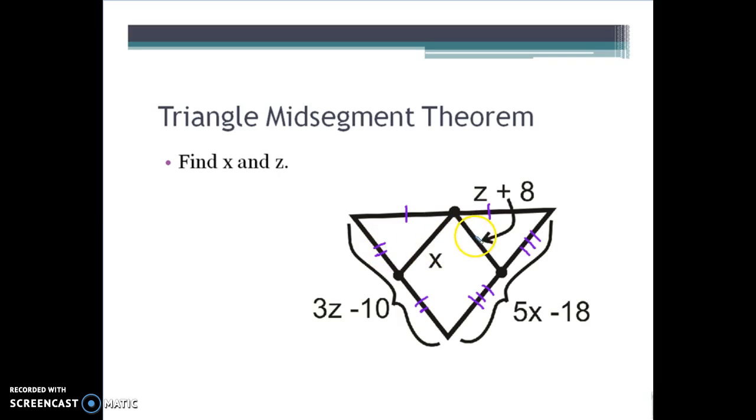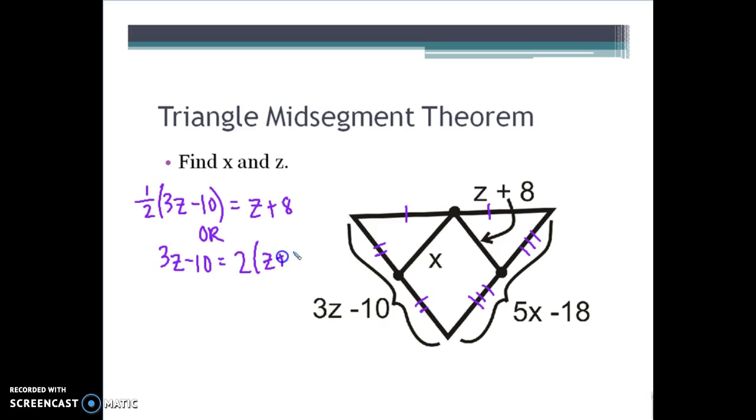So we have 2 options. We can say 1/2 of 3Z minus 10, half of this long side, equals our midsegment of Z plus 8. That's one equation. Or we could say that our long side of 3Z minus 10 equals twice our midsegment of Z plus 8.